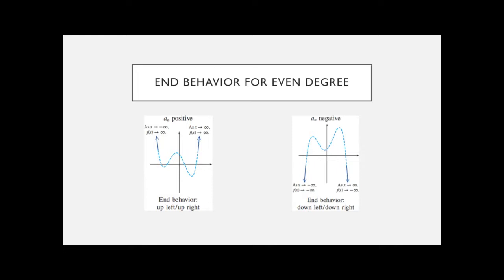So you can see on the left here, it says as x goes to negative infinity. That means as x goes to negative infinity here, y is going to positive infinity. It's going up. That's what that is translated as. And then on the right side, as x goes to positive infinity, y is also going to positive infinity.